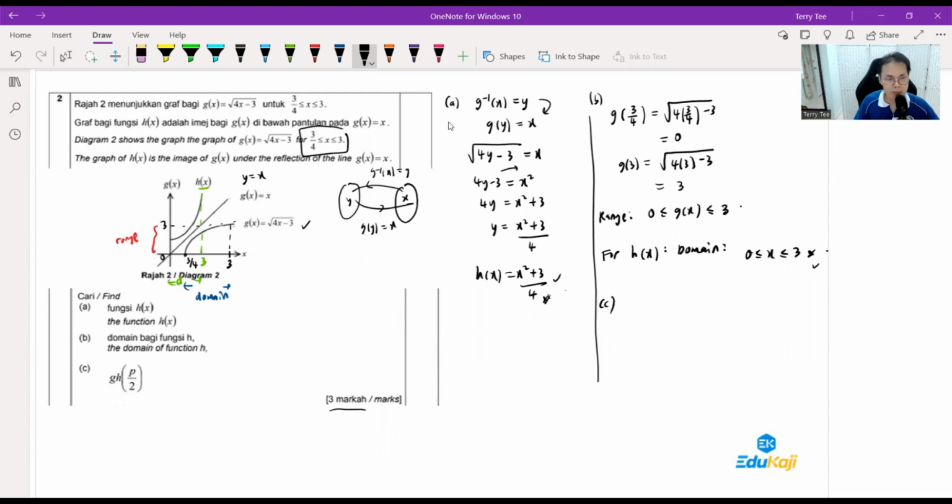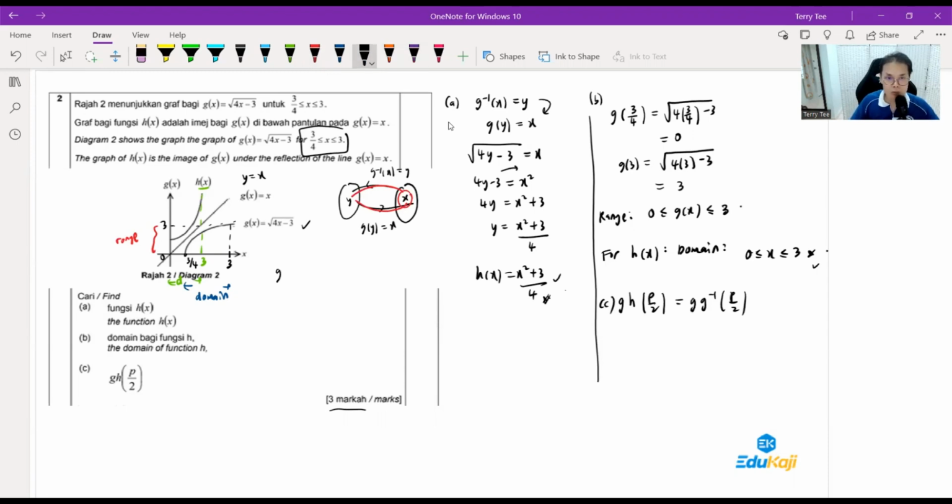All right. When you have G, H, P over 2, we know H is your G inverse. So G inverse of P over 2. When you do G inverse followed by G, you can see from this diagram here, you will end up at the same place where you started.